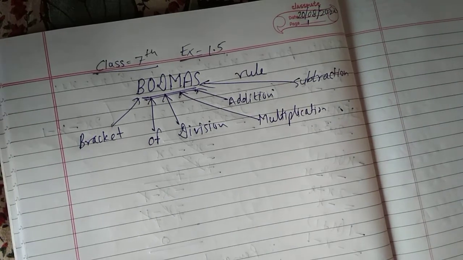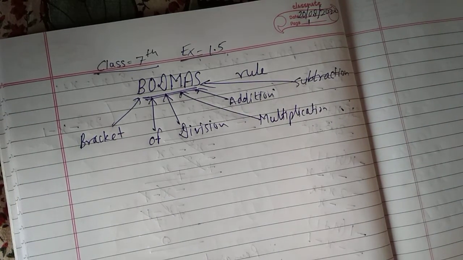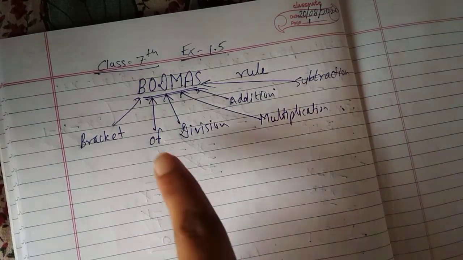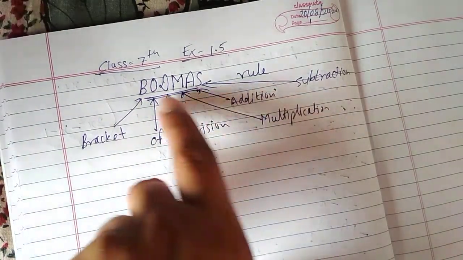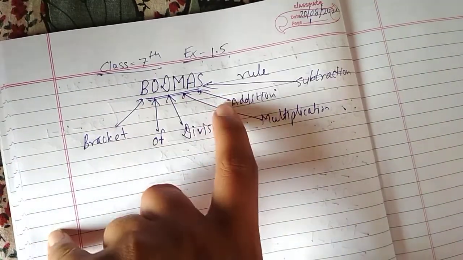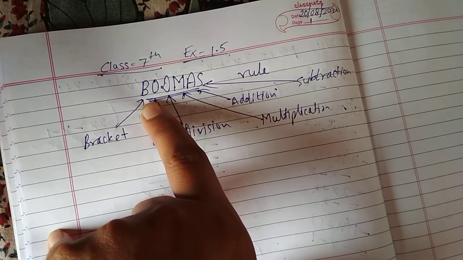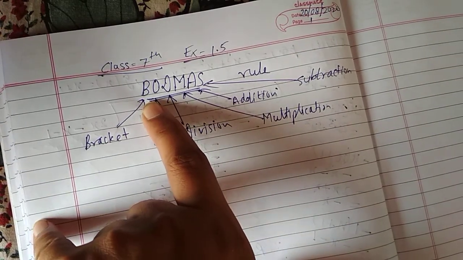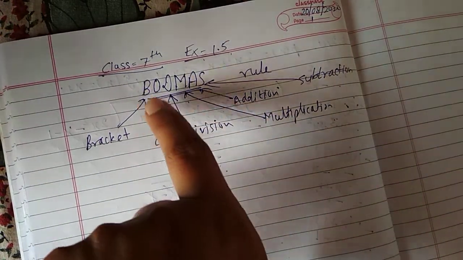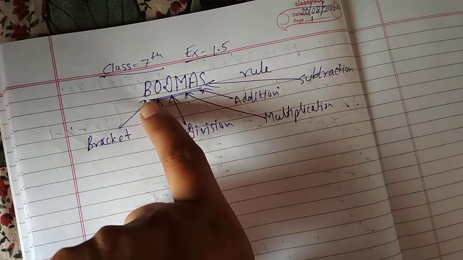In this rule, we have to solve the given question in this order: BODMAS. First, we have to solve brackets. First, we have to remove the brackets.